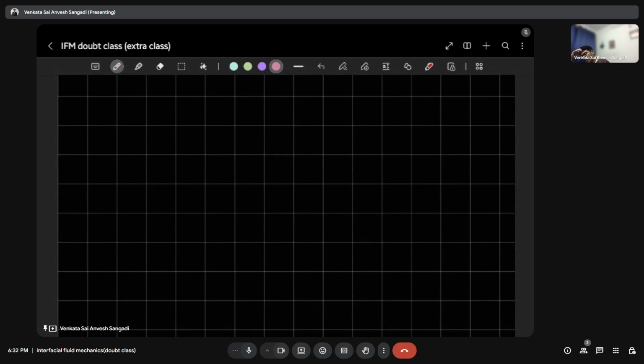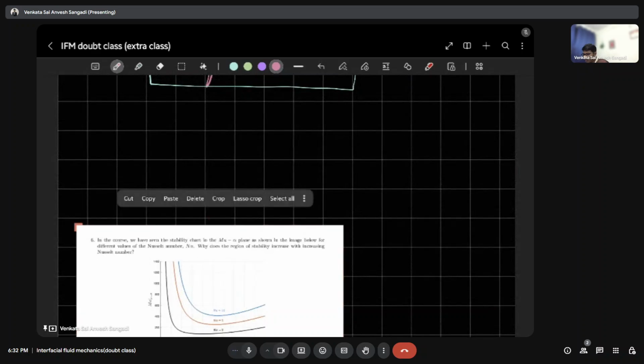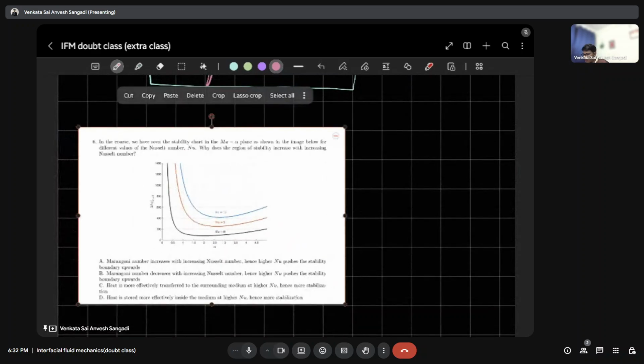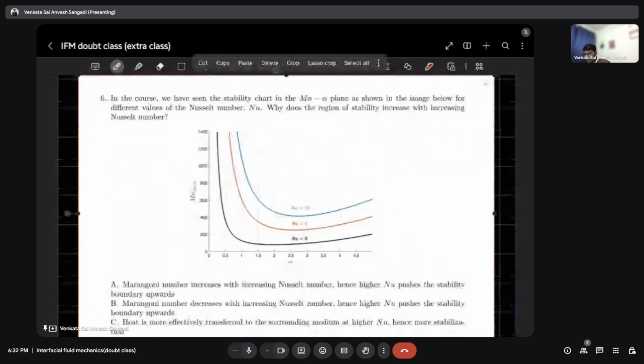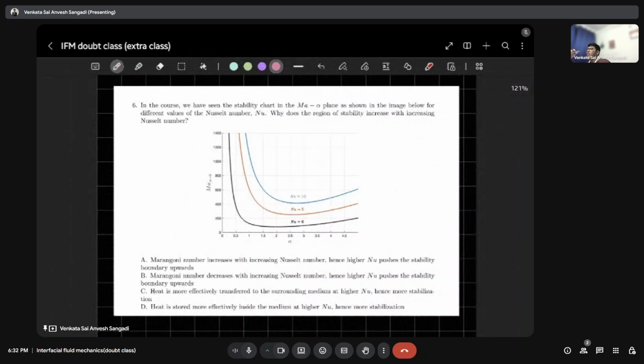So the sixth question says, in the course, we have seen the stability chart in the Marangoni alpha plane as shown in the image below for different values of Nusselt number. Why does the region of stability increase with increasing Nusselt number?